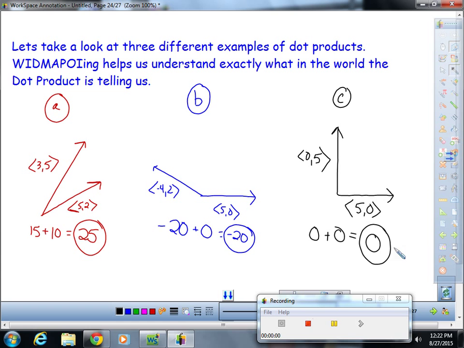And if you can see these red vectors here, they are both traveling in very similar orientations or directions. Their directions line up. Not completely line up, but they line up. And that means that the angle between them is acute. So if the dot product is positive, the angle between the vectors is acute.